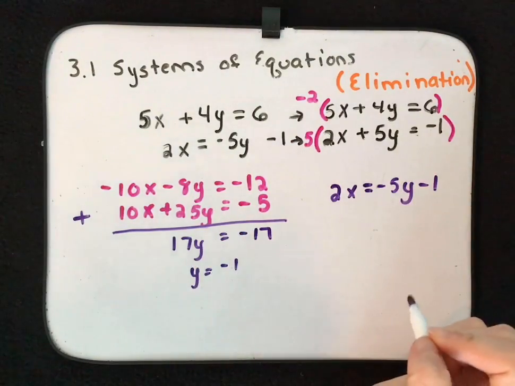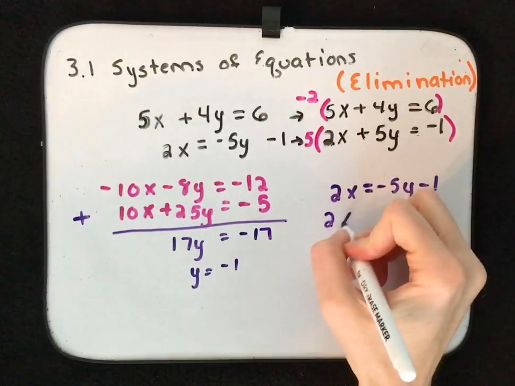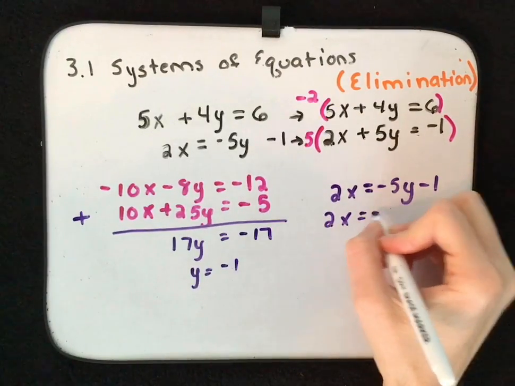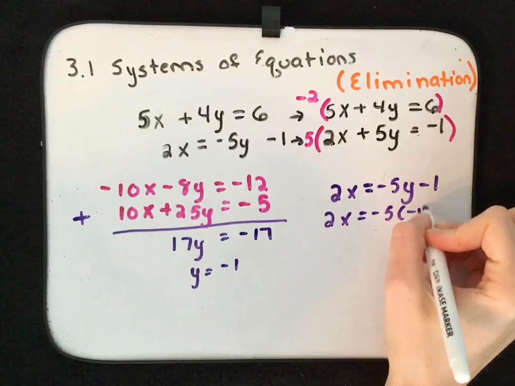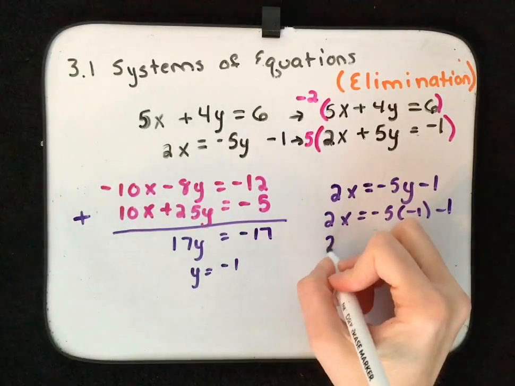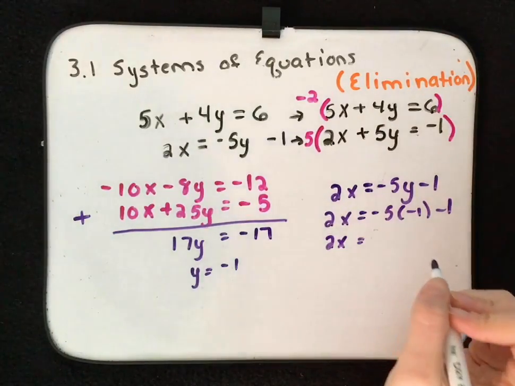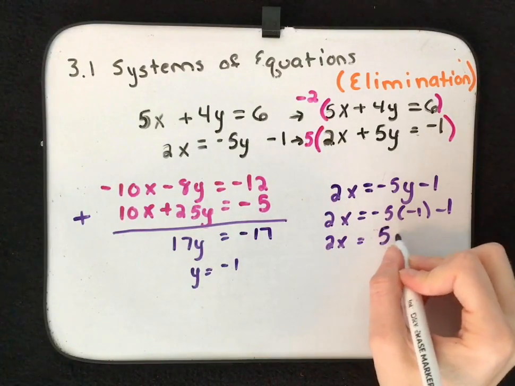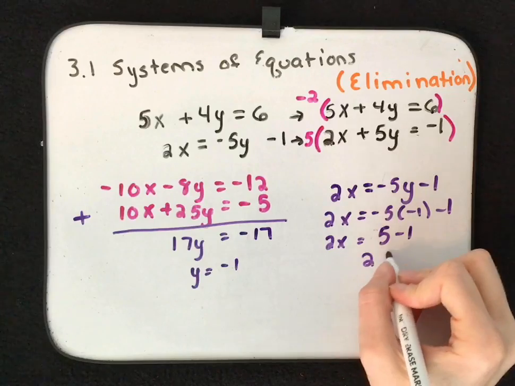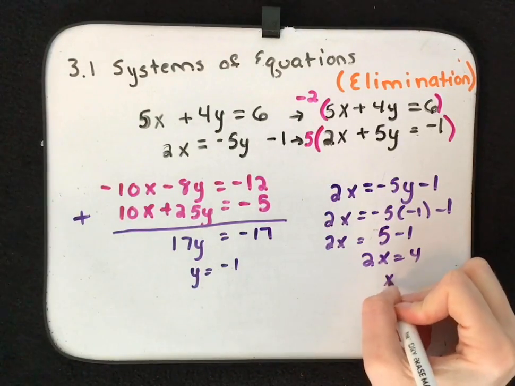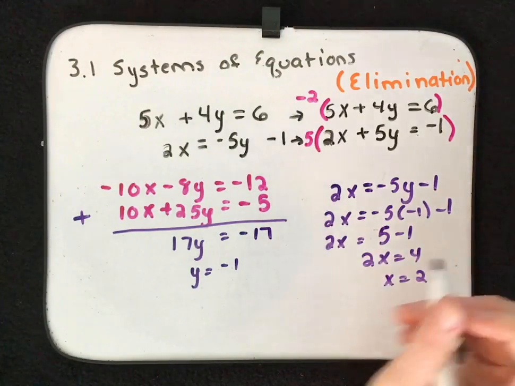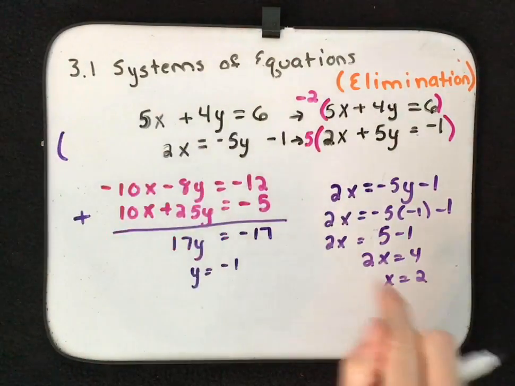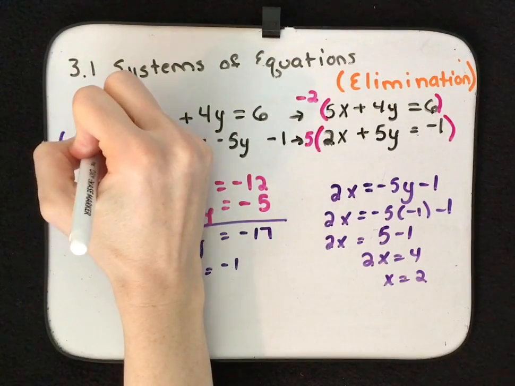I think that y should be negative 1, so let's put that in. So 2x equals negative 5 times negative 1, which is positive 5 minus 1. So that means 2x equals 4 and x equals 2. So now I have my solution. I think it is 2, negative 1.